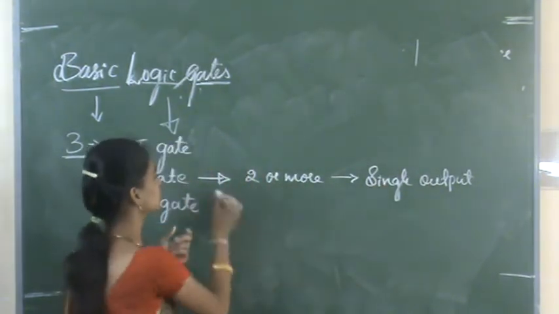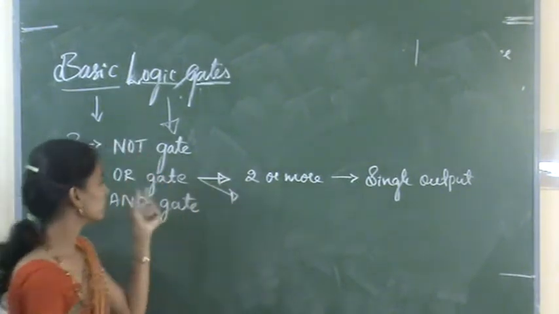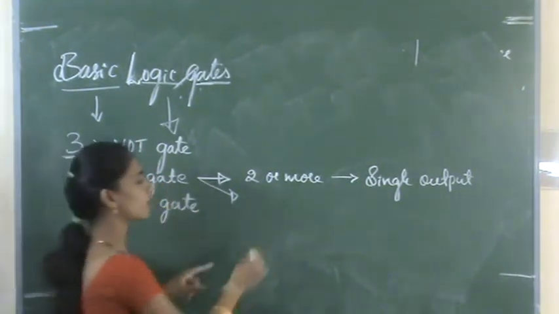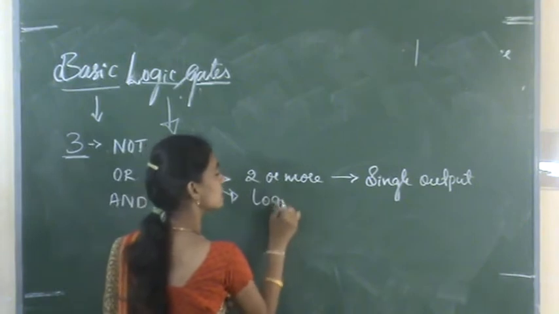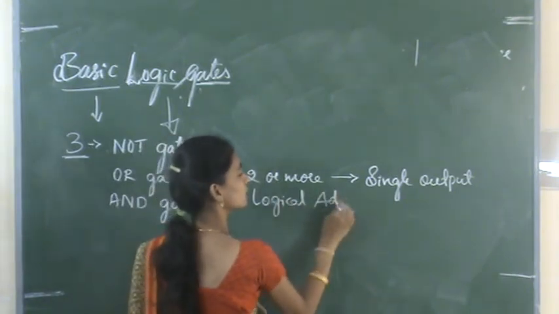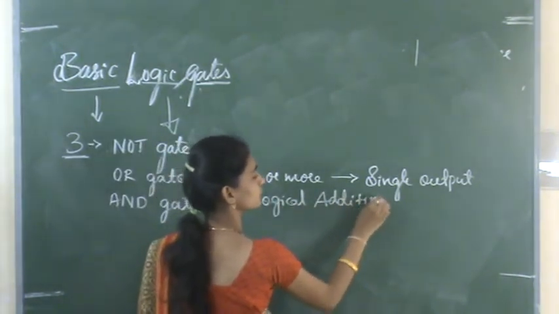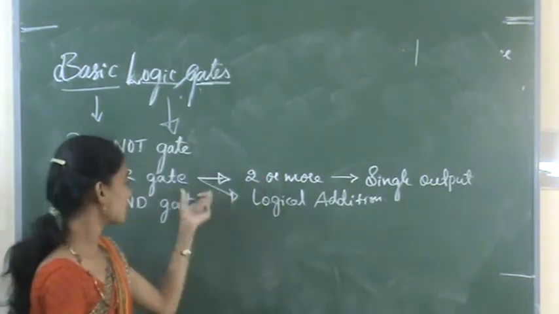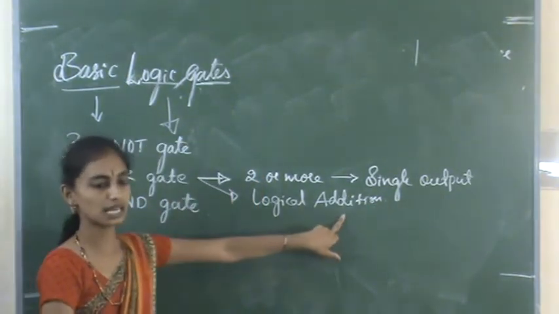So this is called the OR gate. This OR gate is also called logical addition.